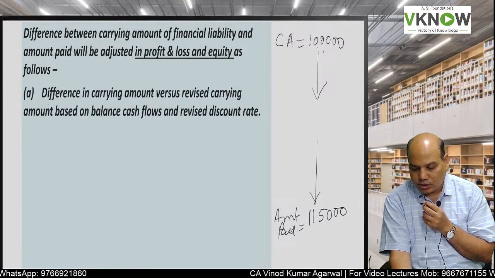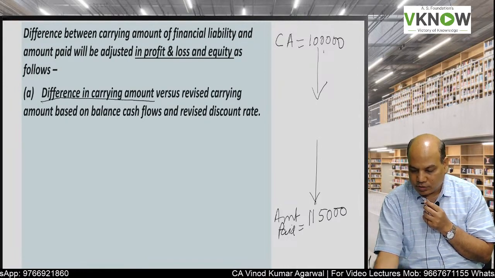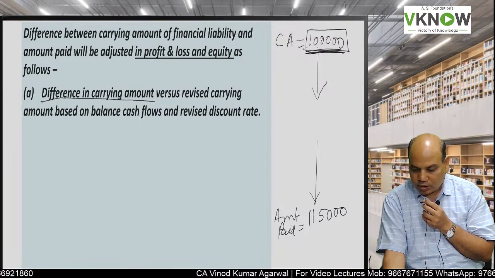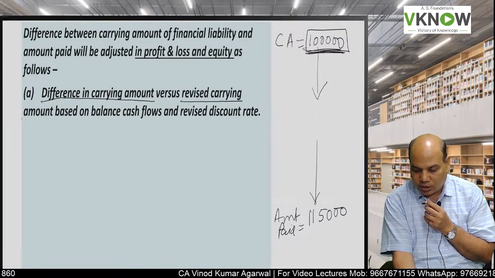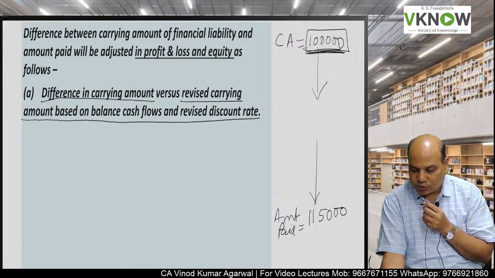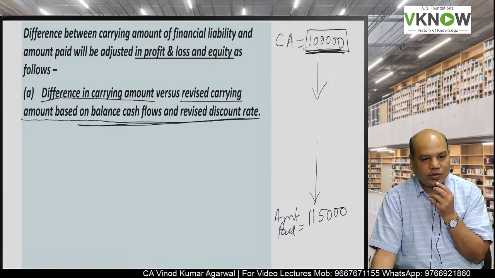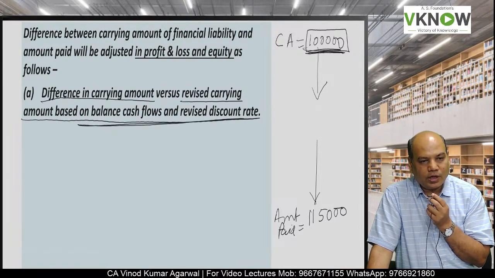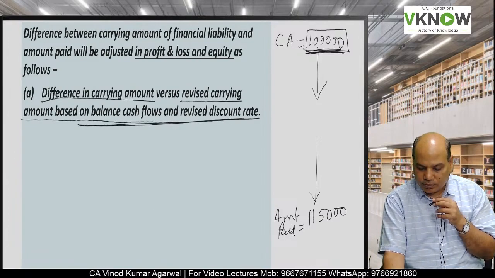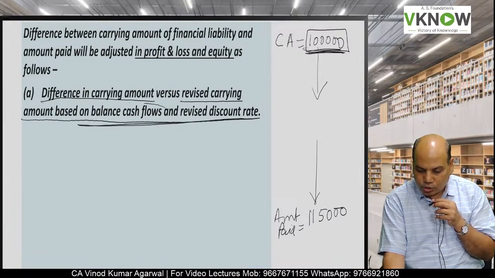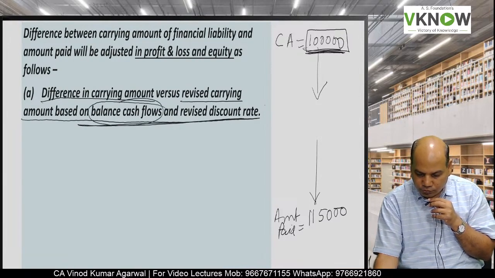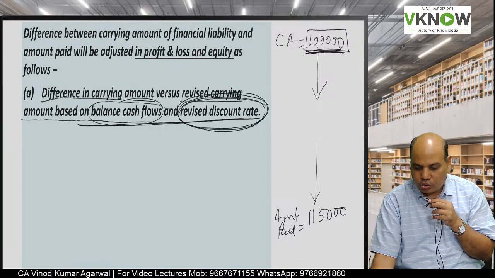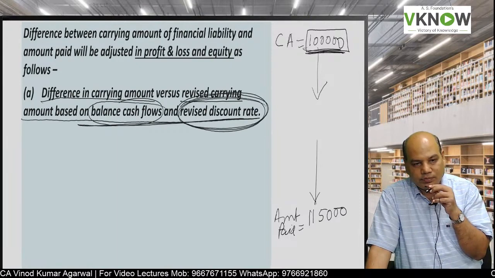So first is the difference in the carrying amount. This is my carrying amount of financial liability, and the revised carrying amount is based on balance cash flow and revised discount rate. I will calculate the value of the liability again by calculating the present value of remaining cash flow using the discount rate which is available on the date of early redemption.